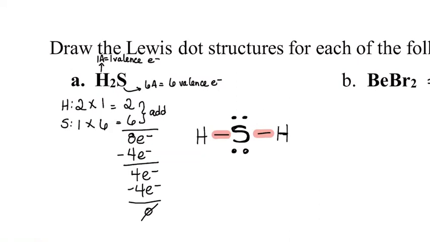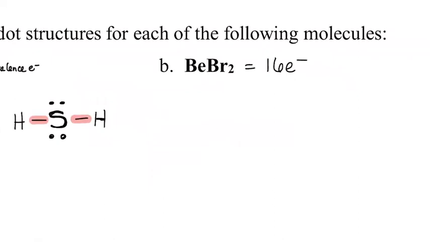Okay, let's do BeBr2. We have Be and we have Br2. The central atom is going to be our beryllium. How do you know that that's going to be the central atom?